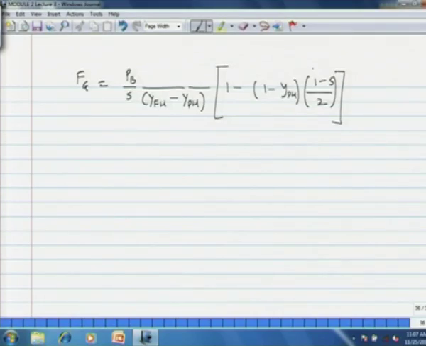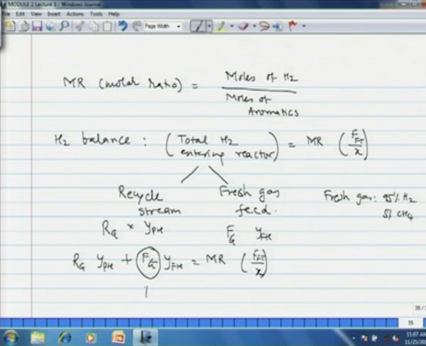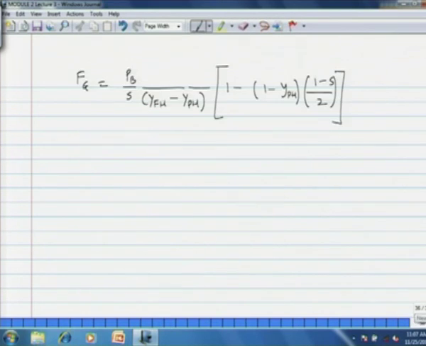If you substitute Fg in the previous balance and simplify, then we get an expression for Rg in terms of the production rate of benzene, the selectivity, the mole fraction of hydrogen in purge stream and mole fraction of hydrogen in fresh stream.